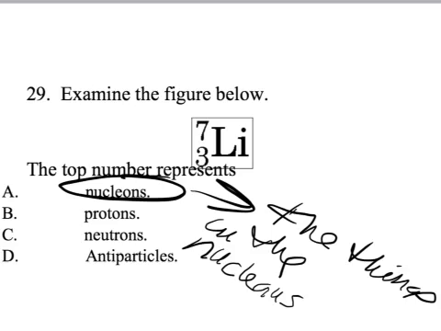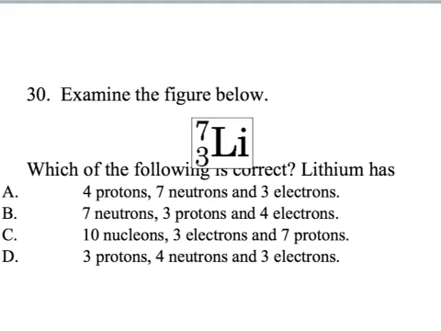Okay. Examine the figure below. Which of the following is correct? Lithium has 4 protons? No, it doesn't, because we know right here that it has 3 protons, so that's wrong. So then this one might be right, B might be right, and D might be right, but C is definitely wrong because it says 7 protons.